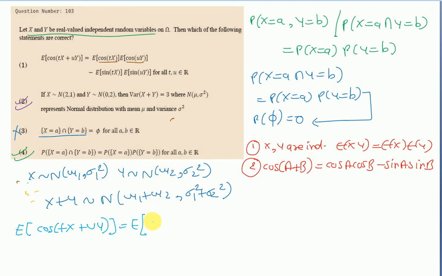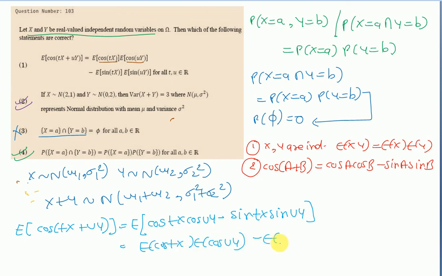We can write cos tx cos uy minus sin tx sin uy. And we already know that cos tx and cos uy are independent, and similarly we can prove sin tx and sin uy are independent. Then expectation of cos tx times expectation of cos uy minus expectation of sin tx times expectation of sin uy.